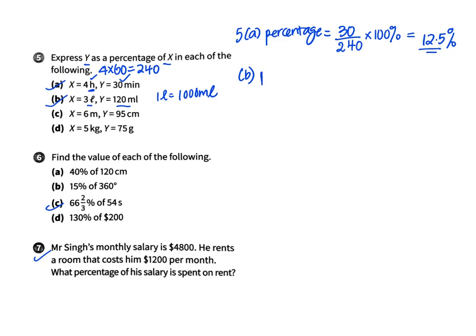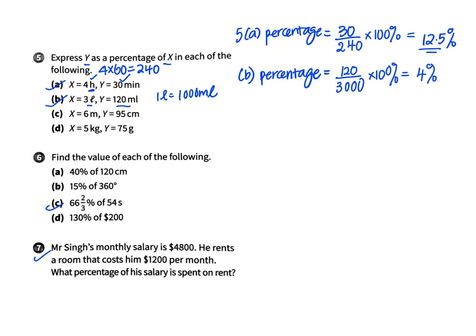In this case, the percentage will be y as a percentage of x. So y is 120 out of x, which is 3000 ml, times 100%. And that gives me a value of 4%.